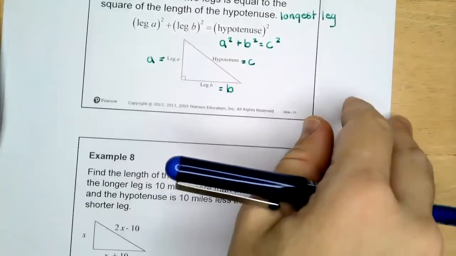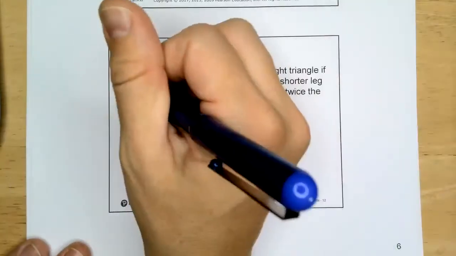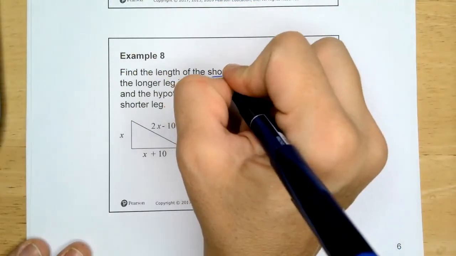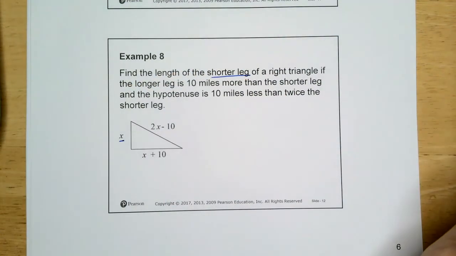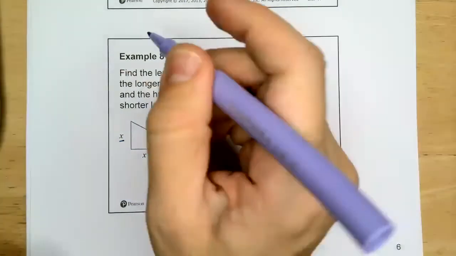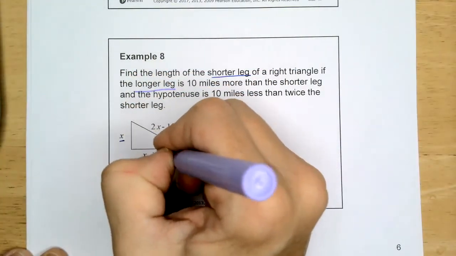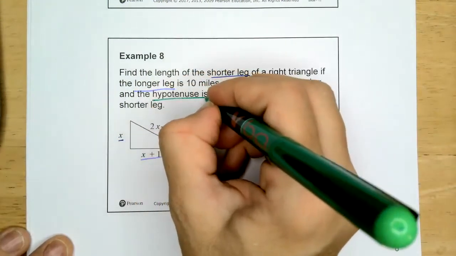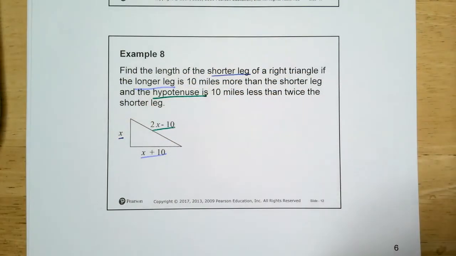For example 8, find the length of the shorter leg of a right triangle if the longer leg is 10 miles more than the shorter leg and the hypotenuse is 10 miles less than twice the shorter leg.